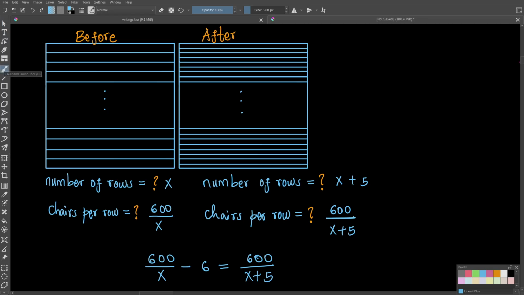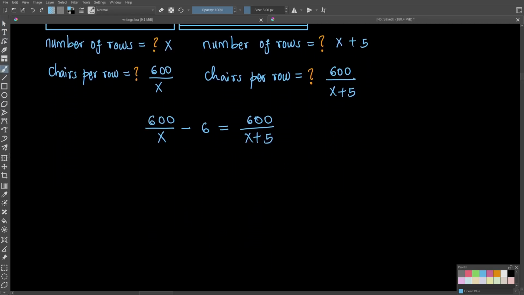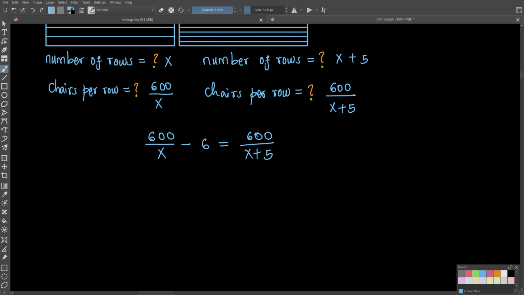Let's start working through this. So we have this x in the denominator. To remove it, we are going to multiply through by that x. So we will multiply every factor in the equation by x. We say times x, then here times x, and then on this other side times x.